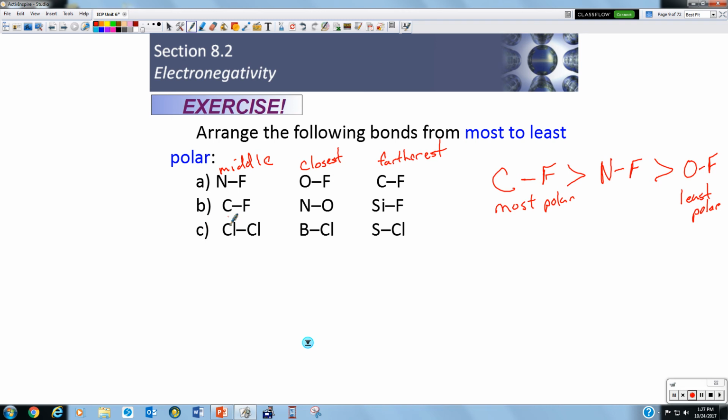Now, looking at this next group, notice that not all of them have the same elements in common. So we're going to have to look at this one a little bit differently. Looking on the periodic table, let's deal with the ones that both have fluorine first. Of these two, which one is closer together?